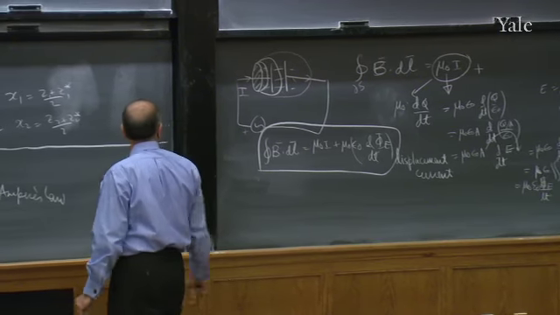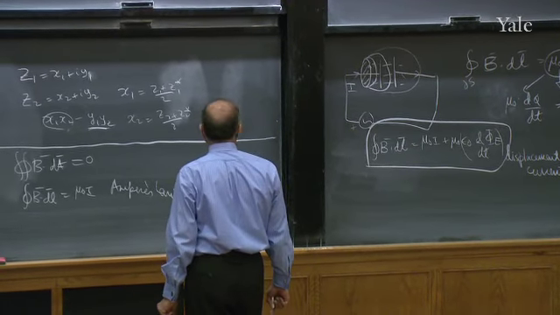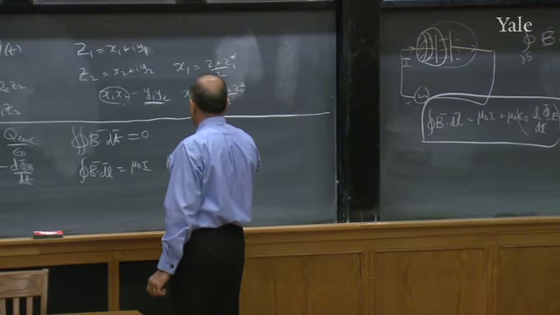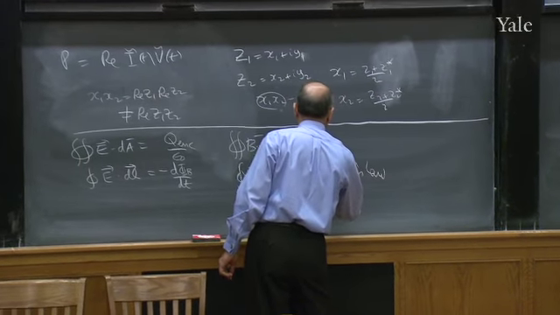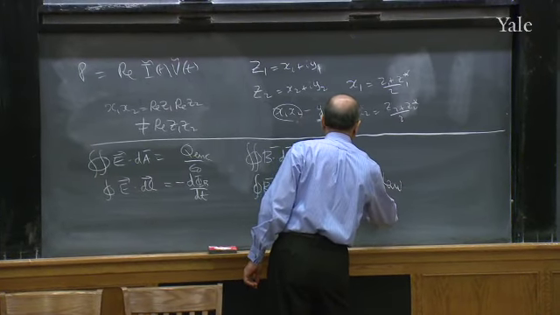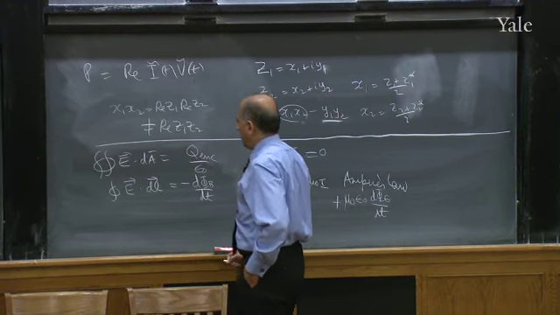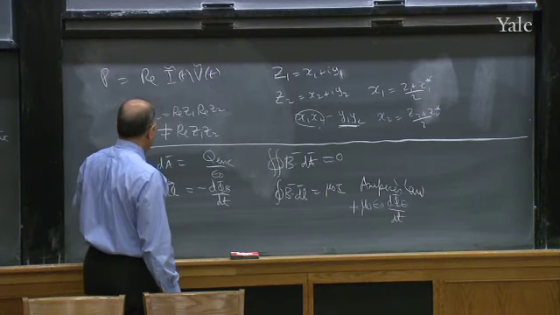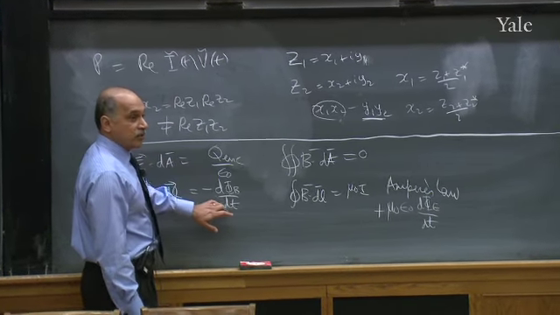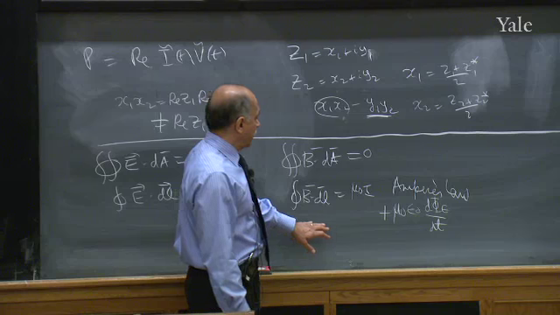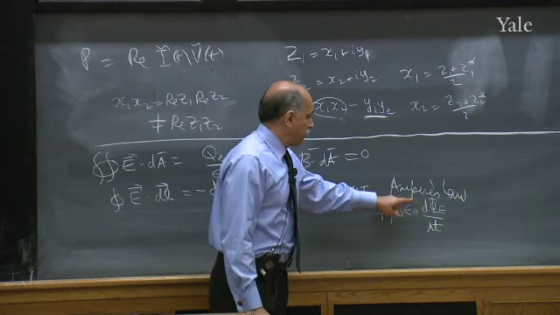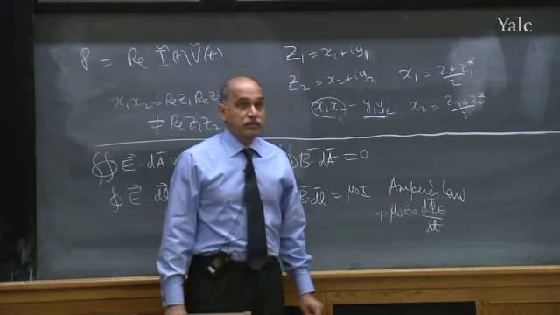Therefore, the last Maxwell equation, Ampere's law, is going to be modified with an extra term, mu 0 epsilon 0 d phi electric dt. And it has a nice symmetry now: the line integral of the electric field is the rate of change of magnetic flux. The line integral of the magnetic field contains a rate of change of electric flux. It's got other stuff, but it's got that extra term.